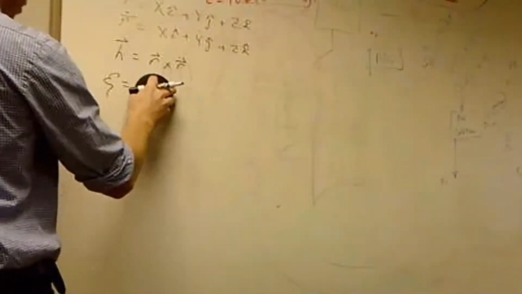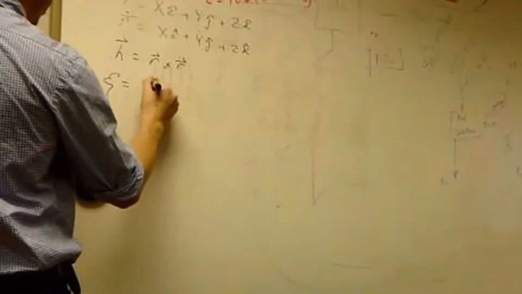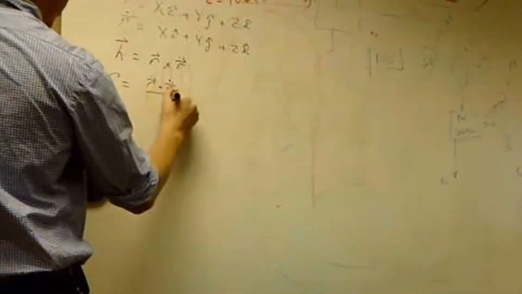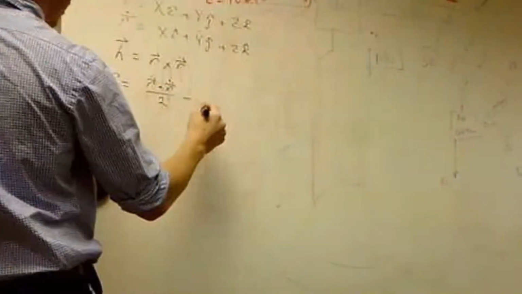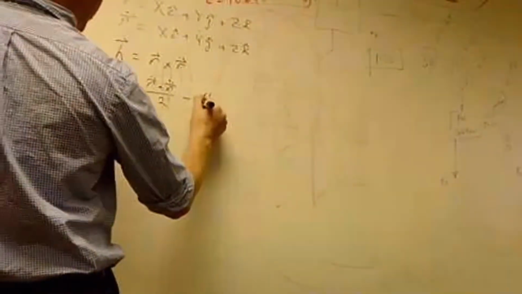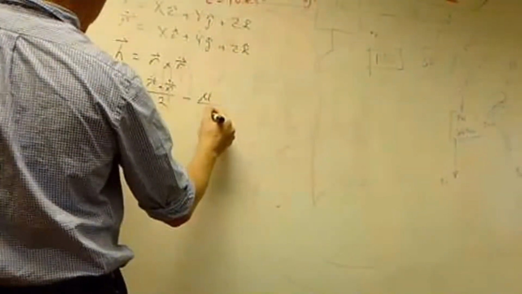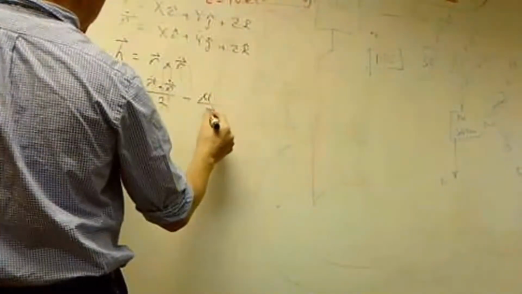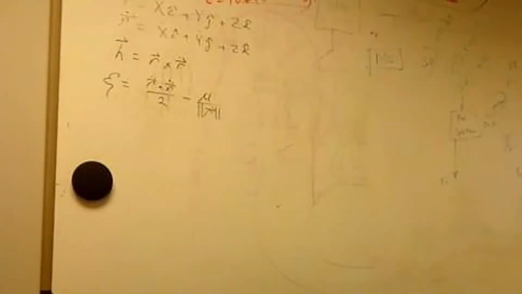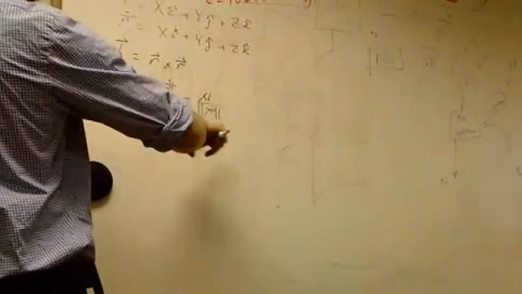We can also just write that as r dot dotted with itself over 2, minus mu over the magnitude of r, or our position at that time. Okay, great. So we've got our angular momentum. We've got our specific energy.